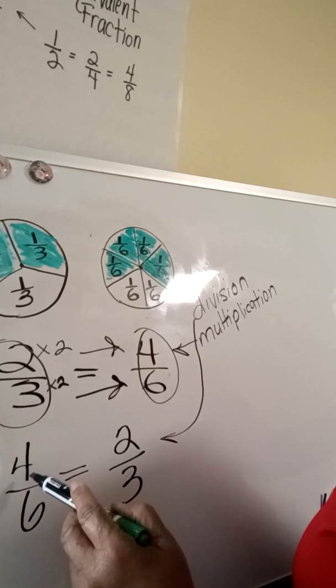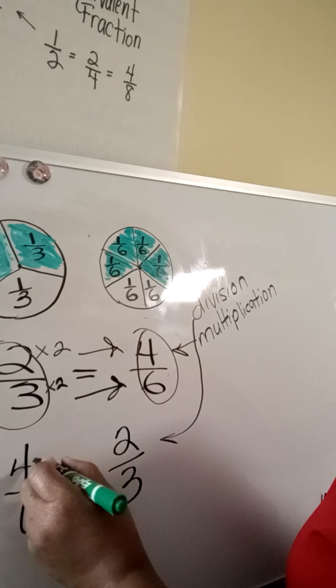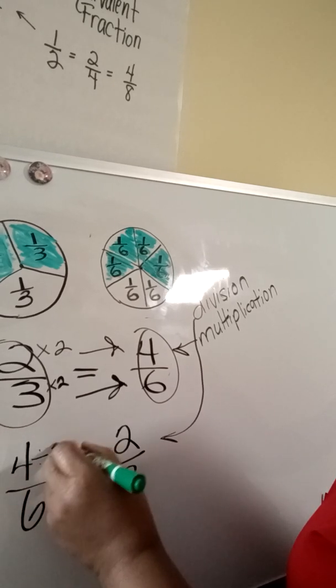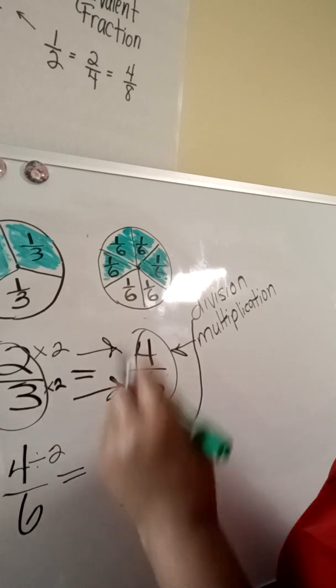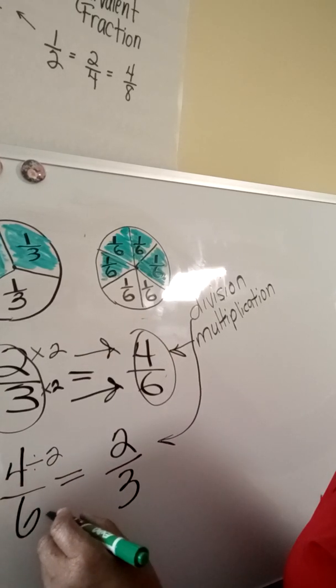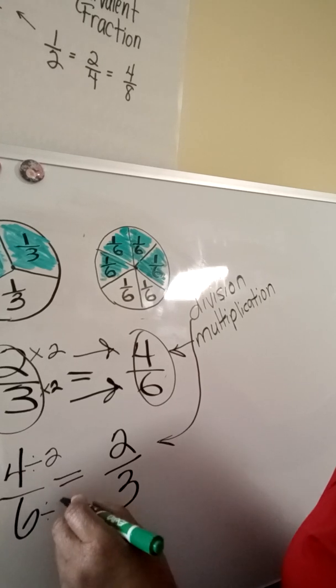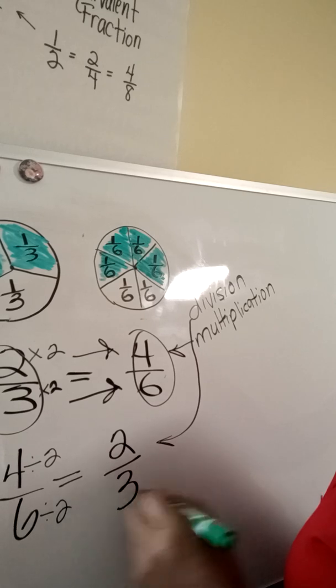So what would you divide 4 by to get 2? Great, 2. So 4 divided by 2 gives you 2. Same thing that we did to the numerator, we have to do to the denominator. So let's divide 6 by 2. And then we get 3.